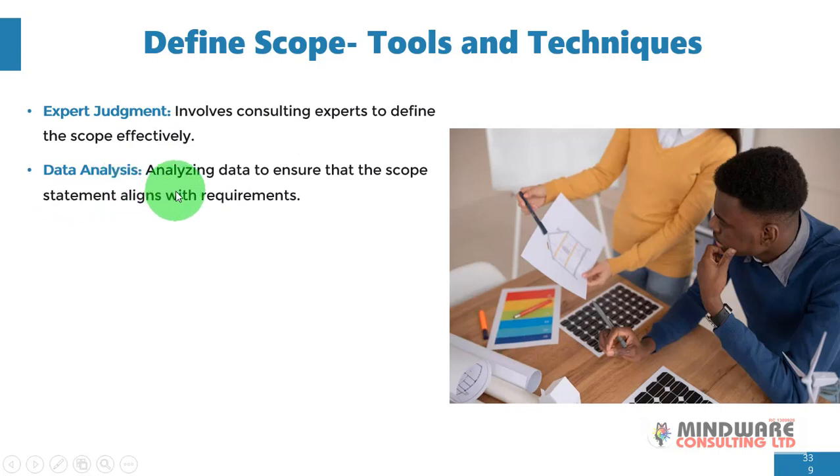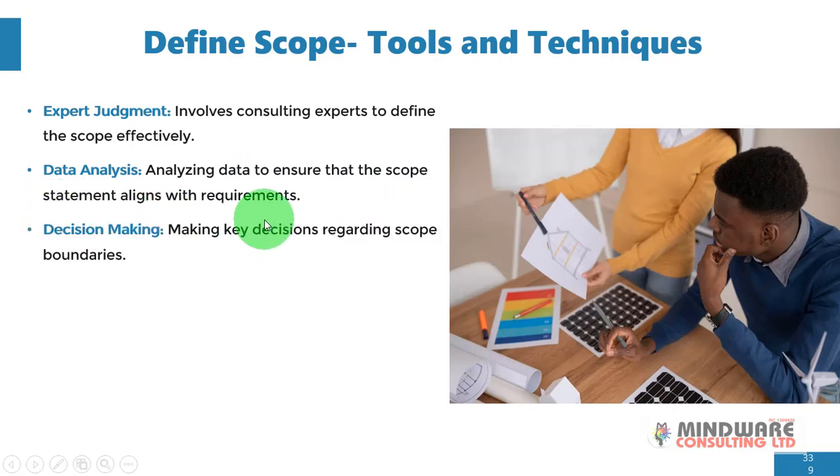Data analysis, which includes analyzing data to ensure that the scope statement aligns with requirements. And then you have decision making, alright, which is key regarding scope boundaries. Okay, you have to be making decisions at every point in time regarding your scope boundaries.